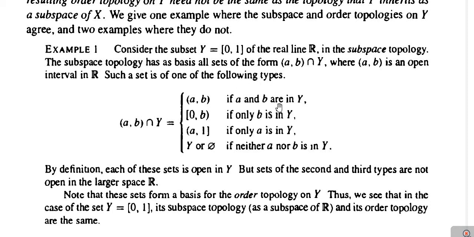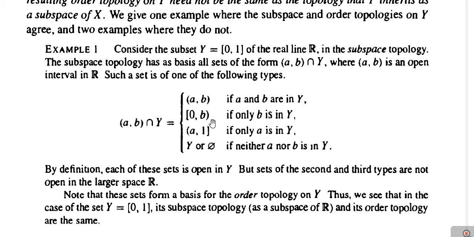If a and b both are in the set Y, then the intersection of Y with the open interval a to b will be equal to the open interval a to b. Next, if only b is in the subspace Y, then the intersection of Y with the open interval a to b will be equal to a half open interval.